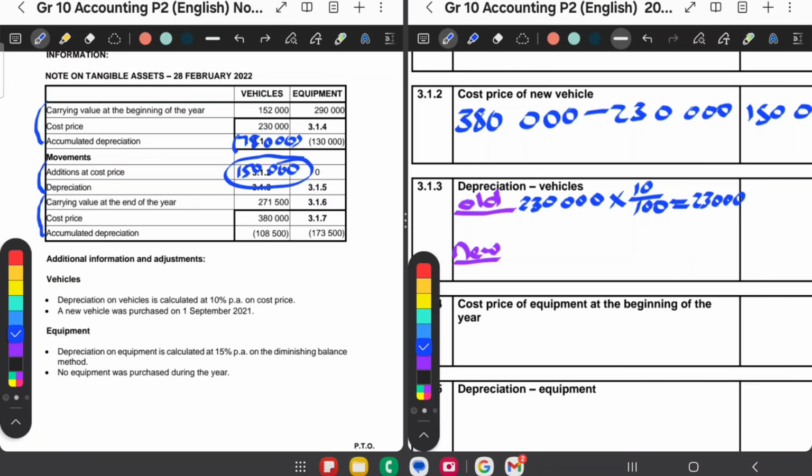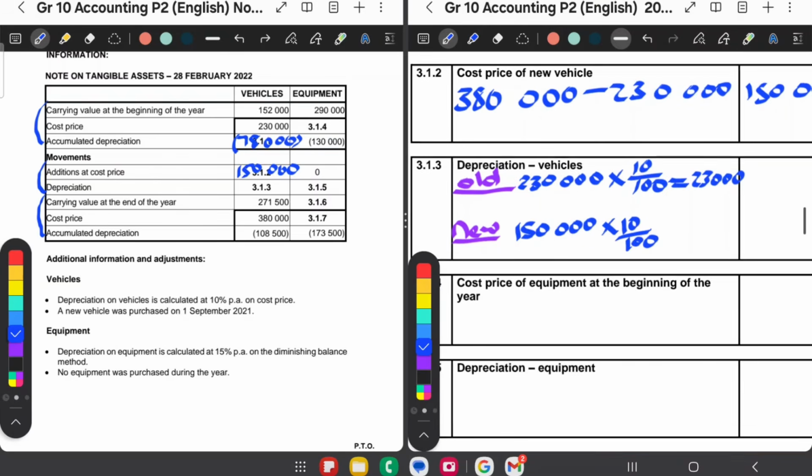Now I'm going to do new vehicles. That's the 150,000 that I got there. So I'm going to say 150,000. That's the cost price times the percentage times the number of months that I have this vehicle. So let me do a little timeline here for you. So we bought this vehicle on the 1st of September. So somewhere there is 1st of September.